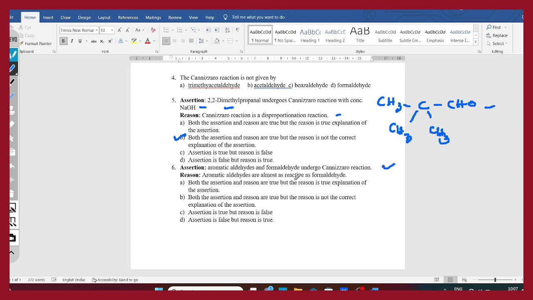Aromatic aldehydes are almost as reactive as formaldehyde: this sentence is absolutely wrong, because formaldehyde is more reactive than aromatic aldehyde. You already know that. So this statement is wrong. So assertion is true and reason is false. I hope you understand this concept of the Cannizzaro reaction properly.